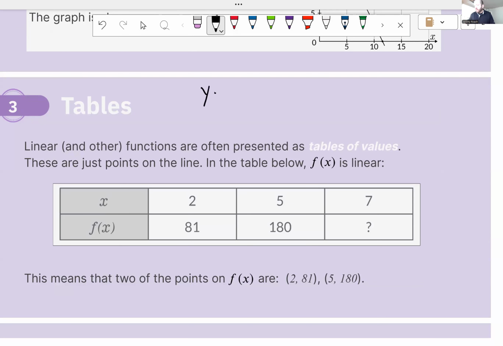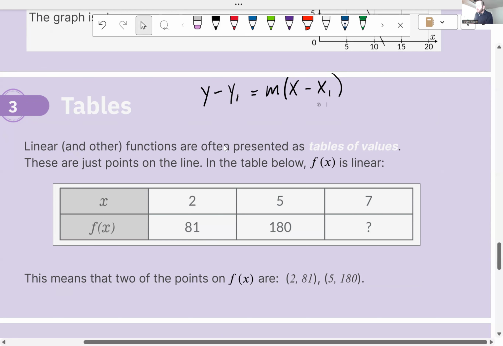And that is y minus y1 equals m times x minus x1. So in this scenario, we have 2 points that they tell us. And we need these 2 points to figure out the y coordinate for when x equals 7.